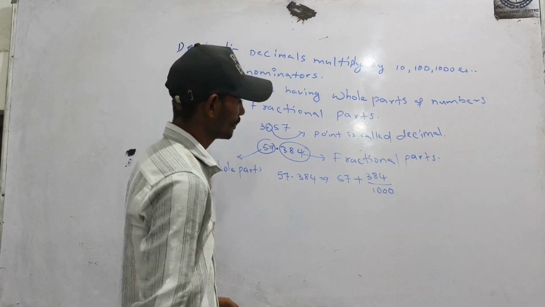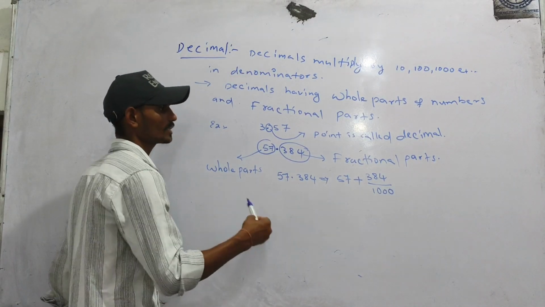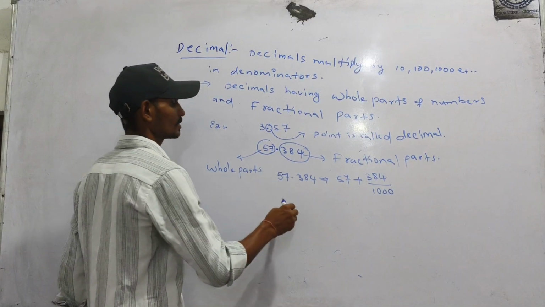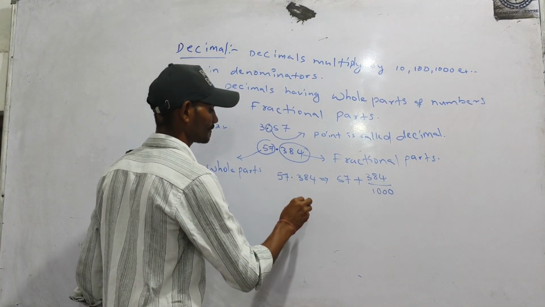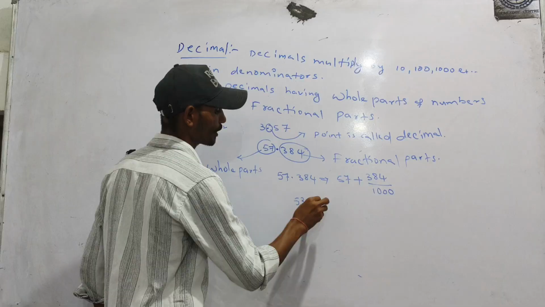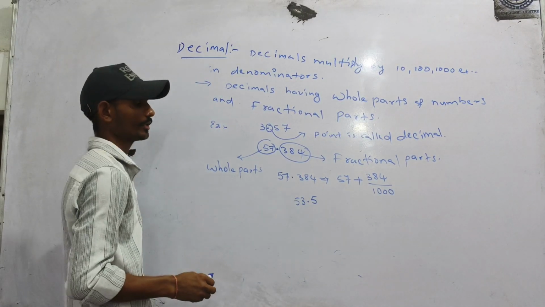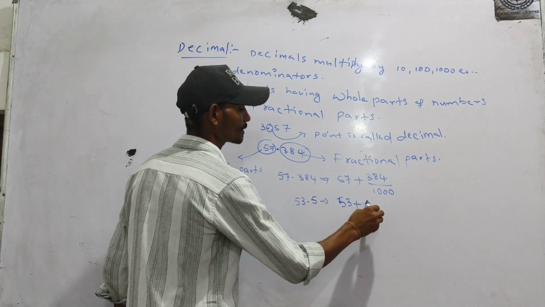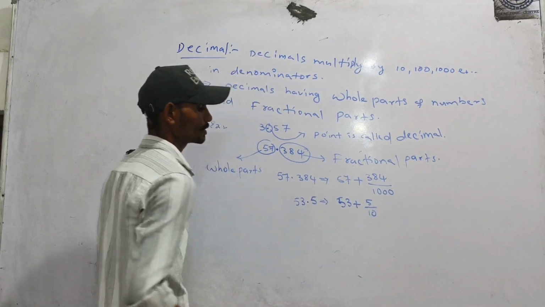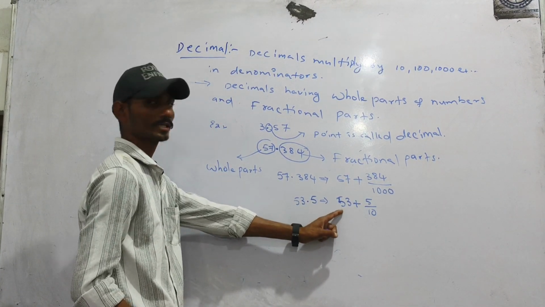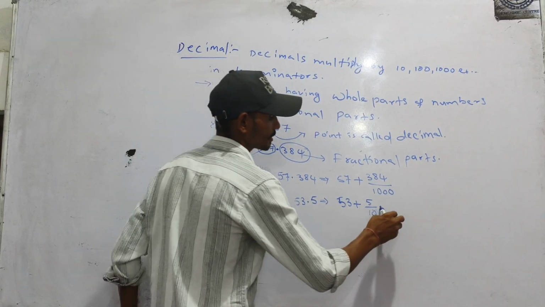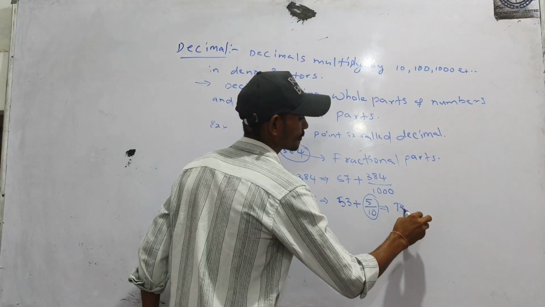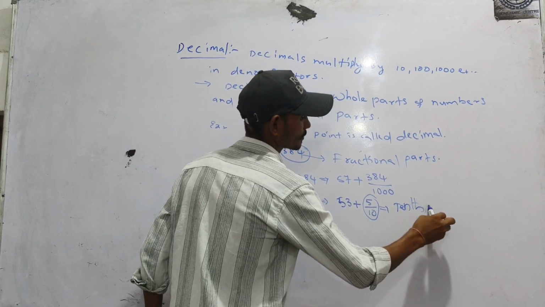Okay. In decimals, after the decimal point, there are no values of ones, tens and hundreds. For example, 53.5 I can write as 53 plus 5 by 10. So this is the whole part, you read this as 53, but this part you can write as the 10th part.